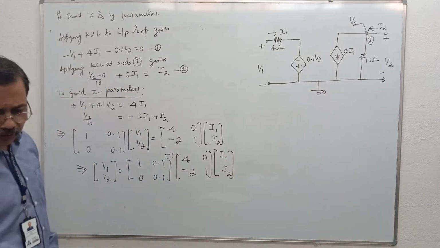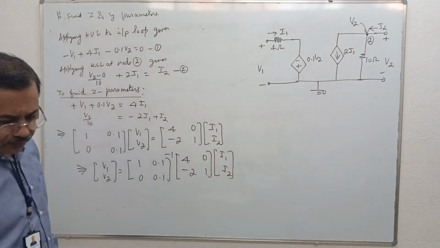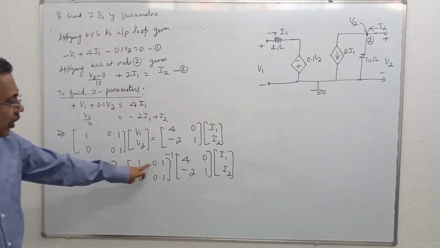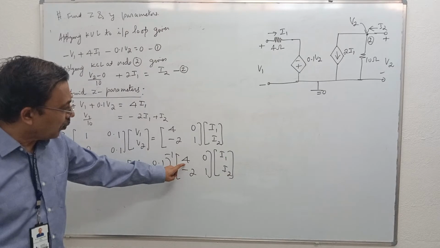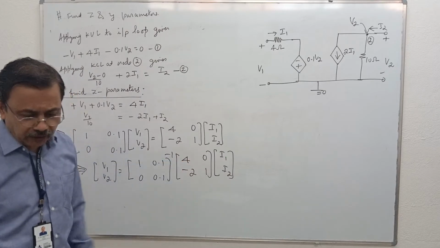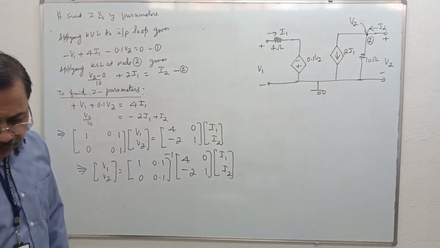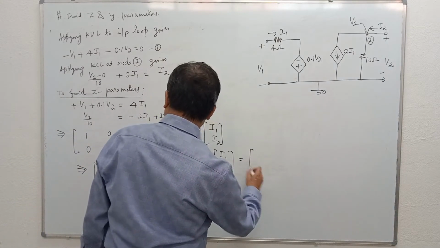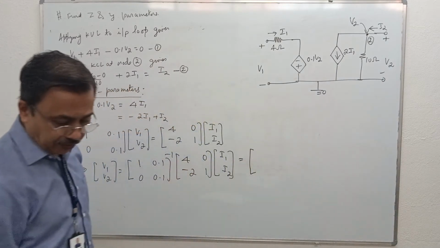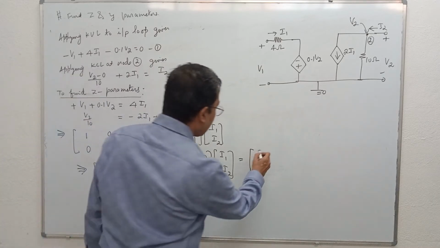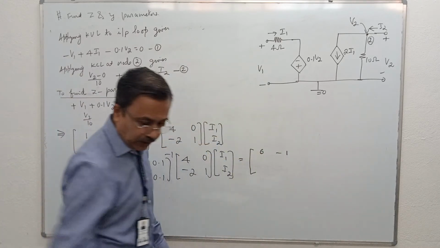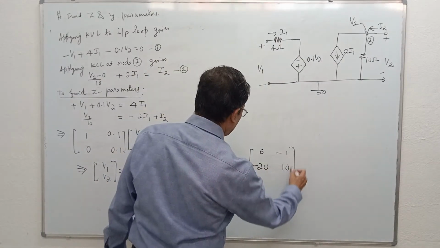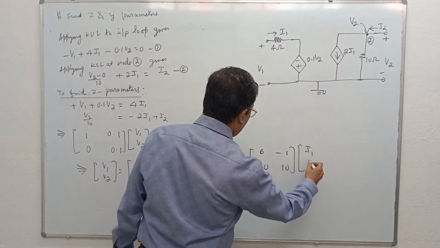Now you have to find the inverse of this matrix and multiply by the square matrix that has the elements 4 0 minus 2 minus 1. If you multiply these two matrices, the answer is [6 -1; -20 10] multiplied by column matrix I1 I2.